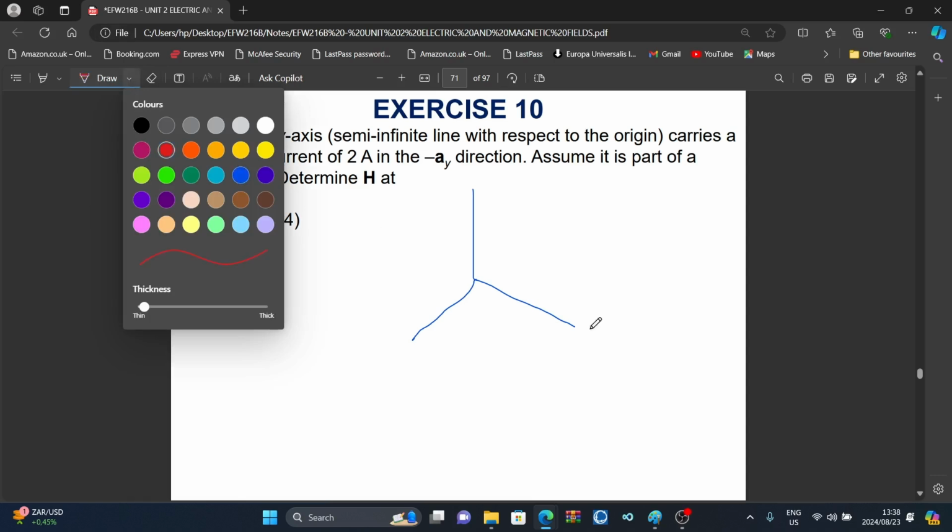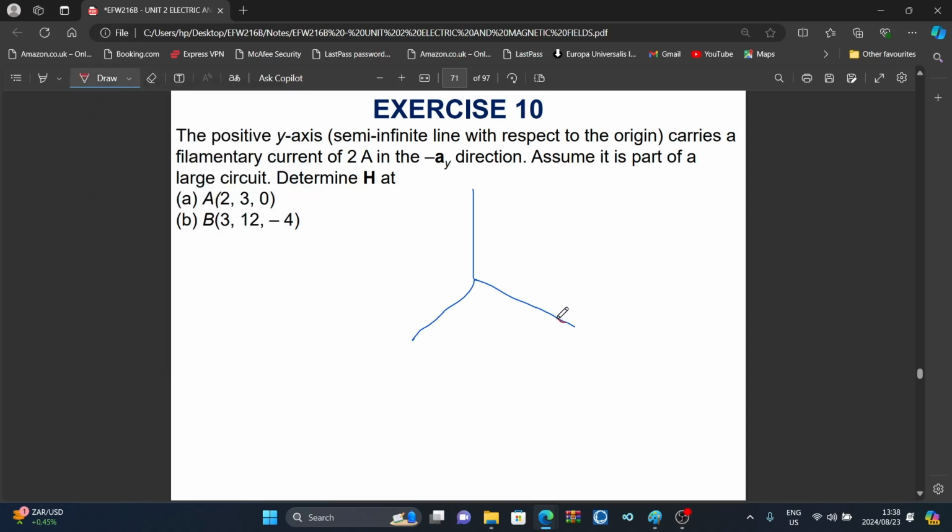Then again, let's draw our current. Our current is still flowing along the Y. Just remember that. Our current is still flowing along the Y and our direction is still minus AY for the current, which is 2 amps. Just remember that. And at least they do give you the directions there.